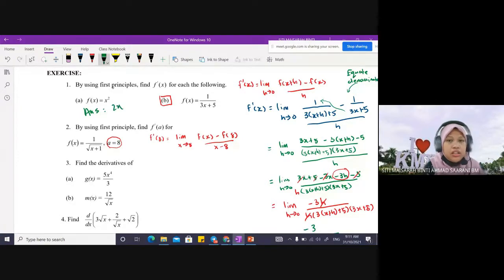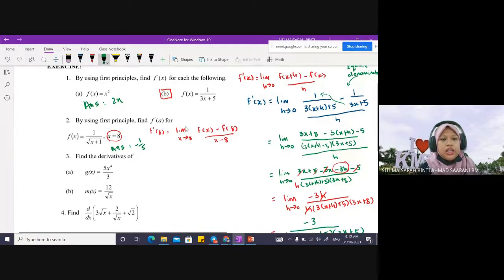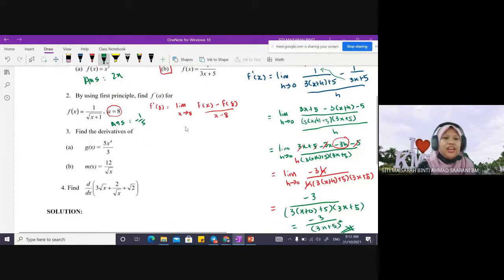Untuk nombor 2 jawapan dia, answer untuk 2 is negative 1/5. Okay, kita tengok nombor 3. Macam mana nak differentiate 5x kuasa 4 over 3?